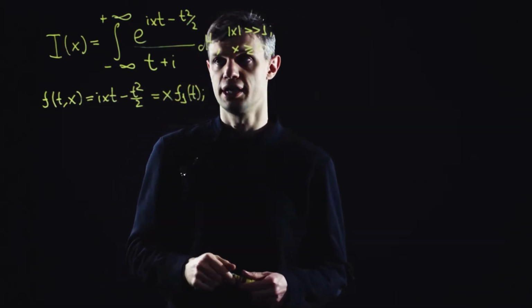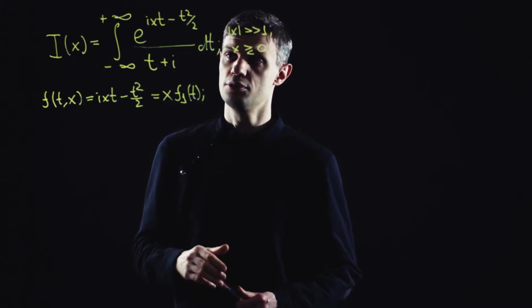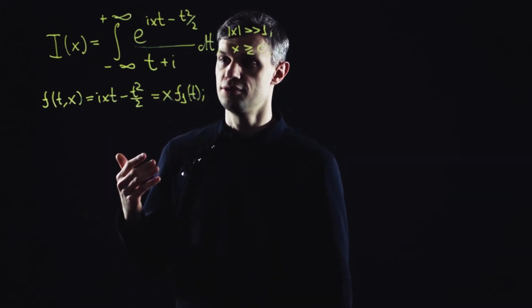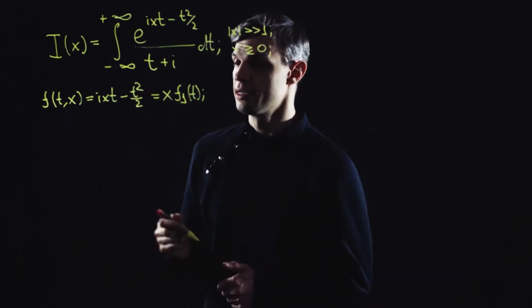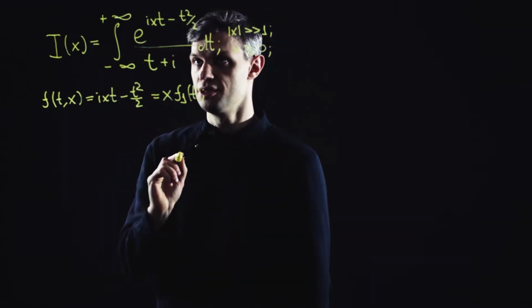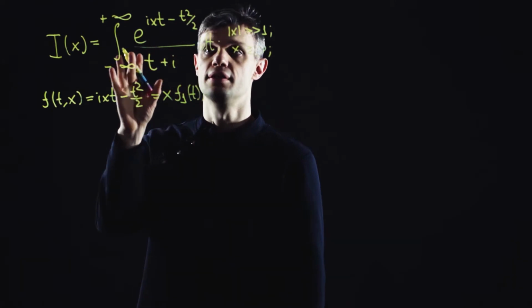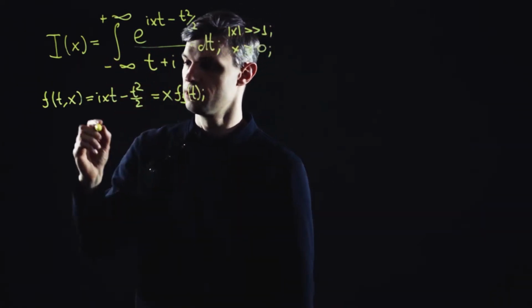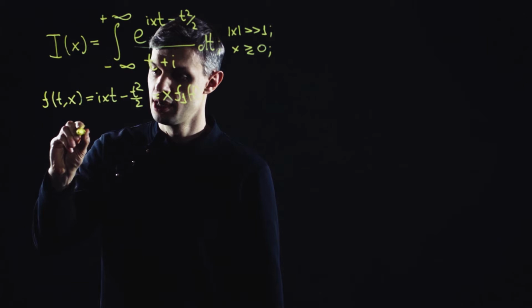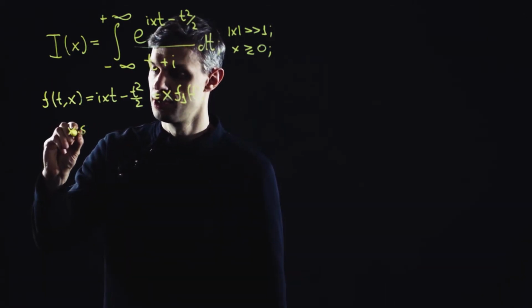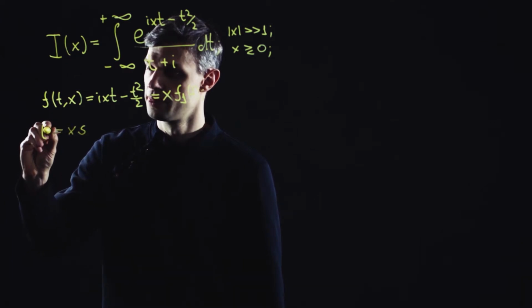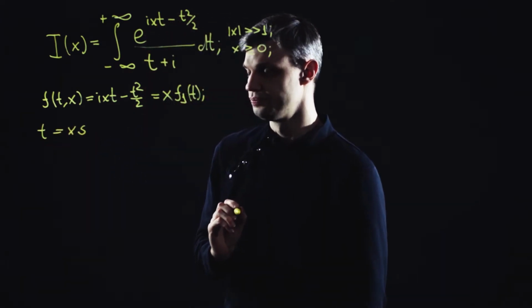We've already encountered that kind of issue before, and the usual way to tackle it is to introduce some kind of clever rescaling of the integration variable, so the factorization is achieved. In this particular case, this rescaling is almost obvious. So we introduce a new integration variable s, which is related to the old one by the following relation.